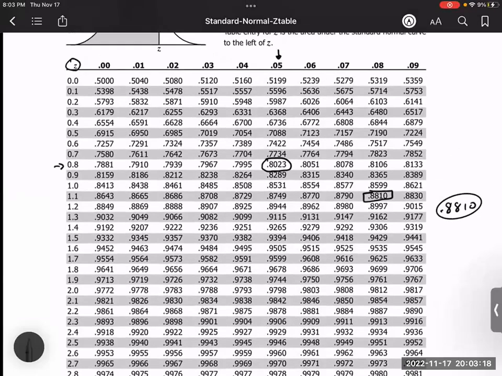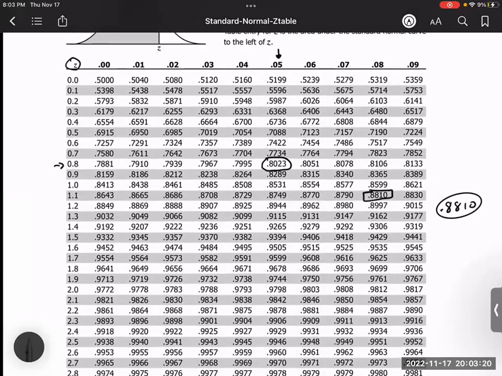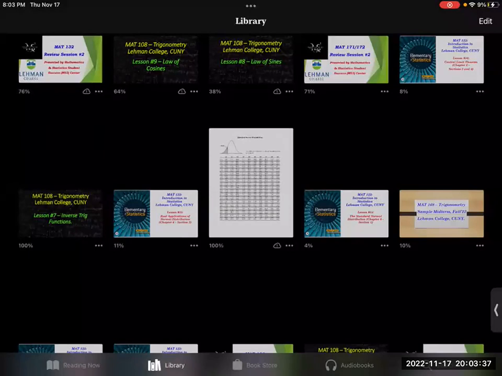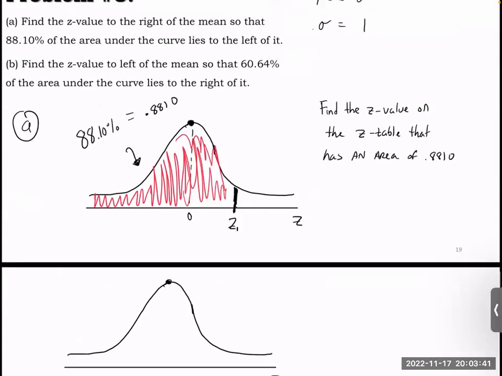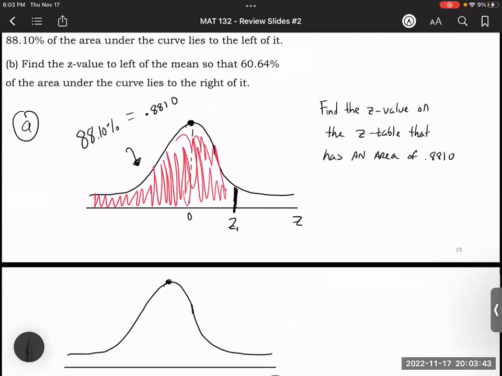So I just gotta use this decimal and put the Z value together. We're gonna start with 1.1, and your last digit ends with an 8. So putting that together, it's 1.18, and you're done. Just going back to my review slides, for part A, that Z value has to be 1.18.